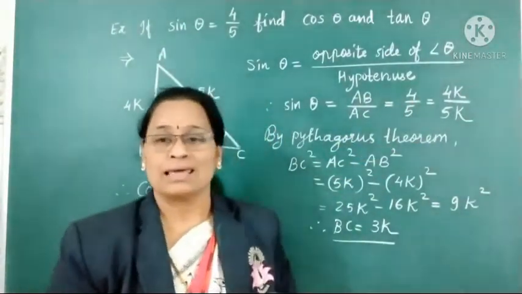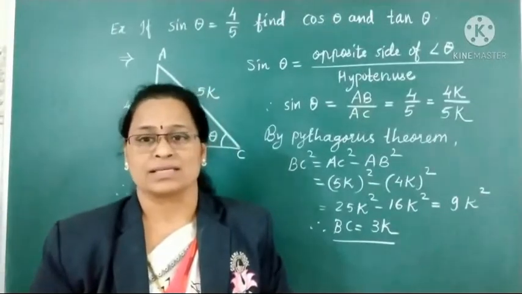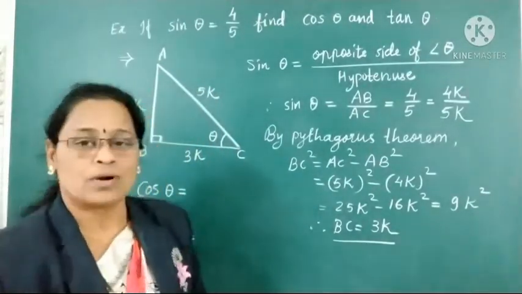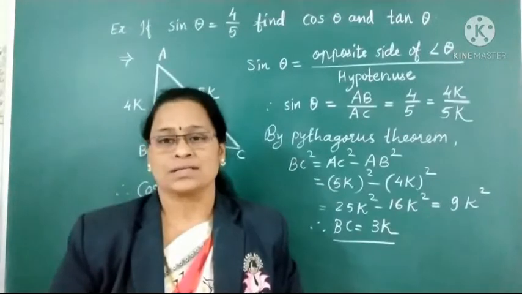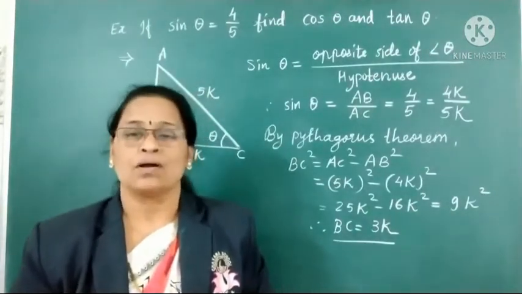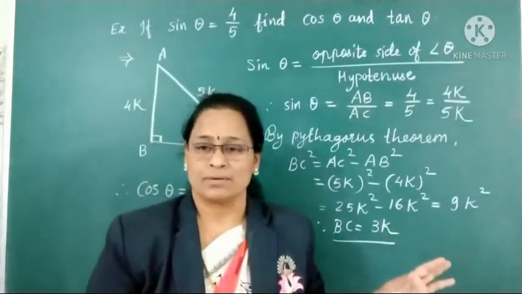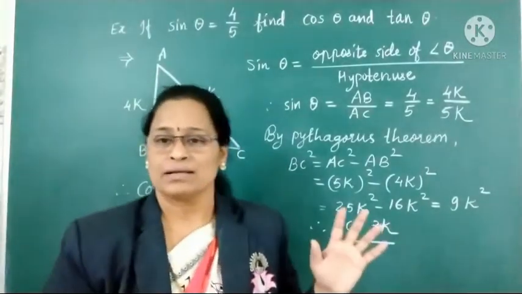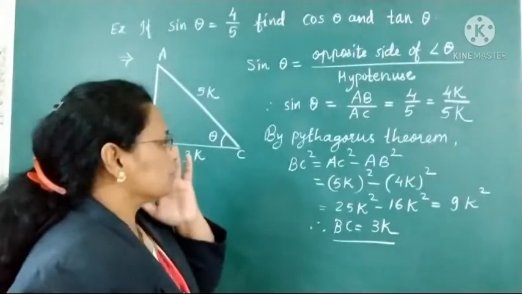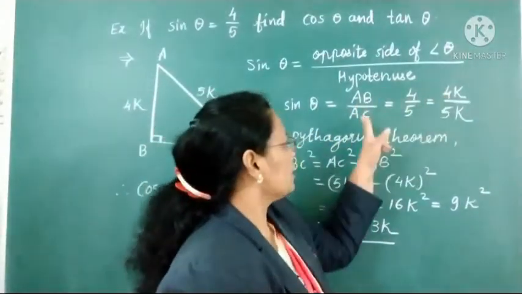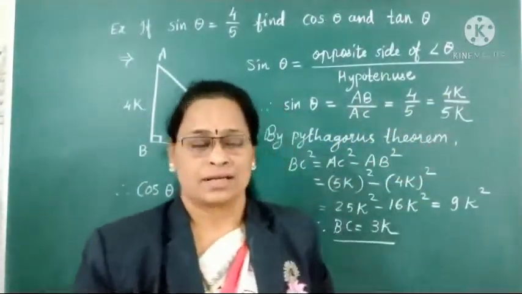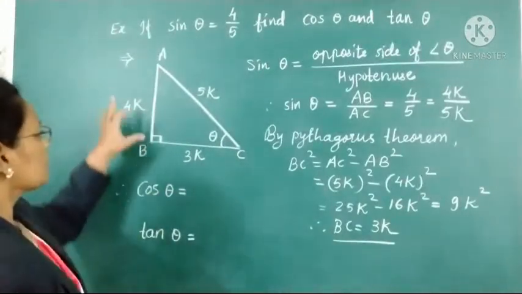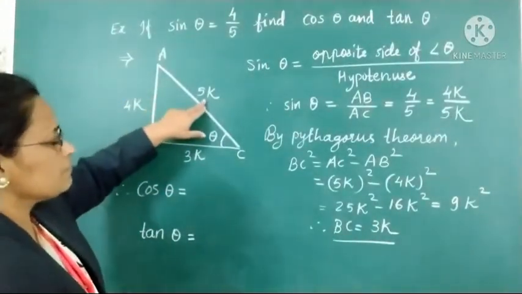It's not given the length of AB or length of AC. So when the ratio is given, what are we considering? We consider the common multiple of the ratio to be some letter from A to Z. Let's consider here K. So this example will be solved by the K method. So AB is 4K and AC is 5K. Let's write AB 4K and AC 5K.